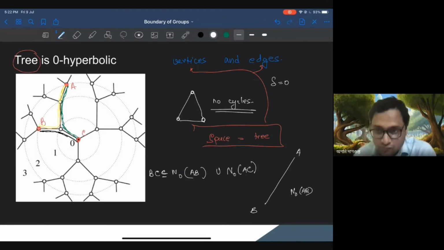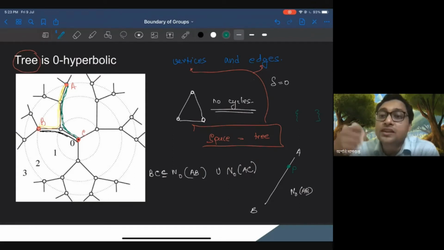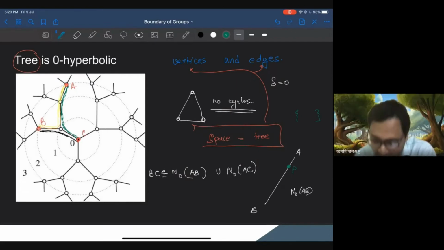Well, we can do it in steps. First, take 1 point P on AB. Now let's write down the set of all points which are 0 units away from P. That is P itself, of course.